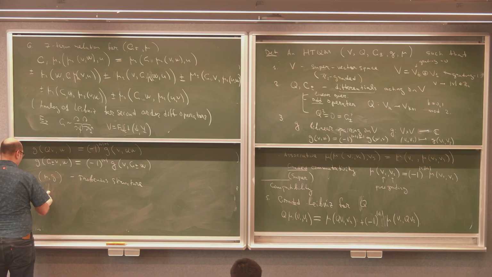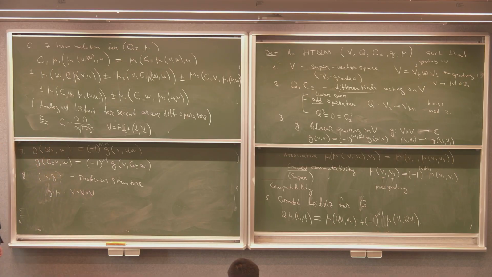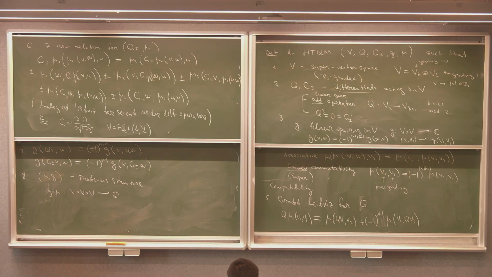So we can compose G and multiplication to get an object that takes three vectors and sends them to complex numbers.